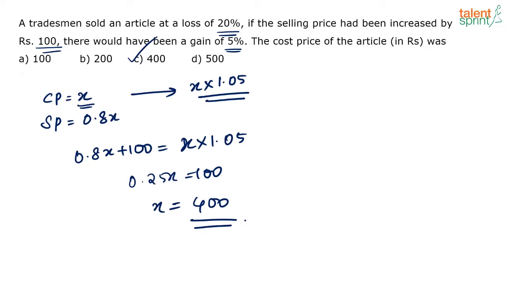So if the selling price was 420, then he would have gained 5%. So 420 and 400, how much percentage is that? See, you know 10% of 400 is 40. So 5% of 400 is 20. Seems to be correct, right? Seems to be satisfying. So you can say this is the correct option. That is how you check with the options. If you are not checking with the options, do it using this way.